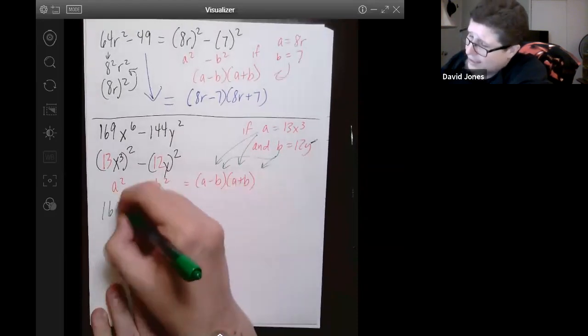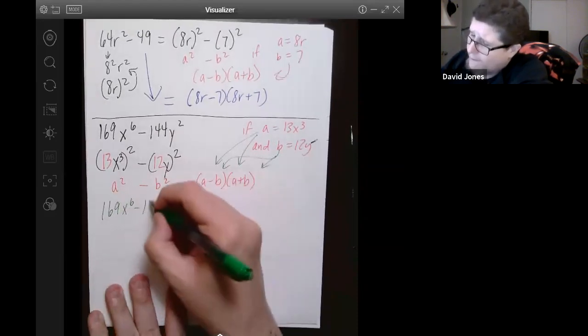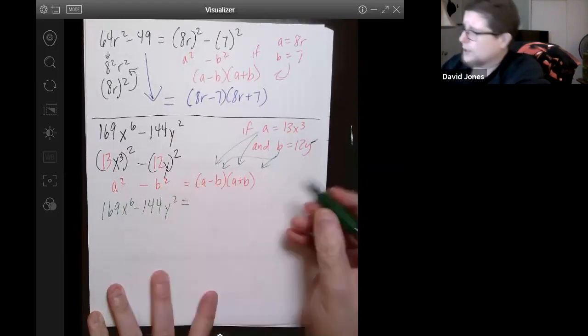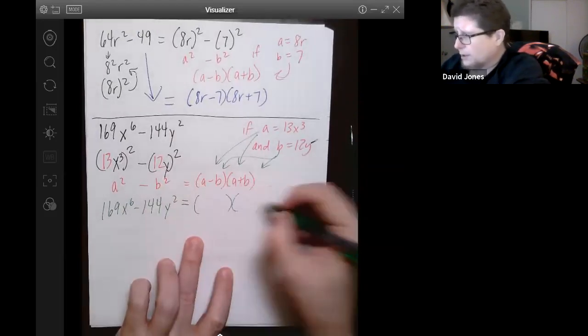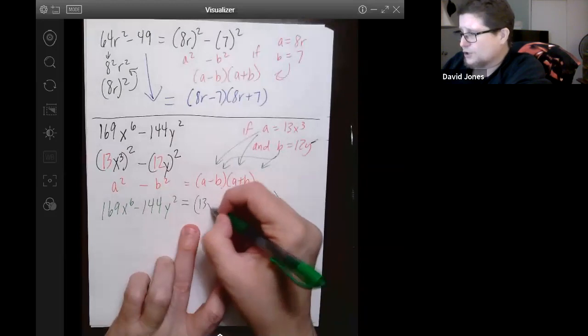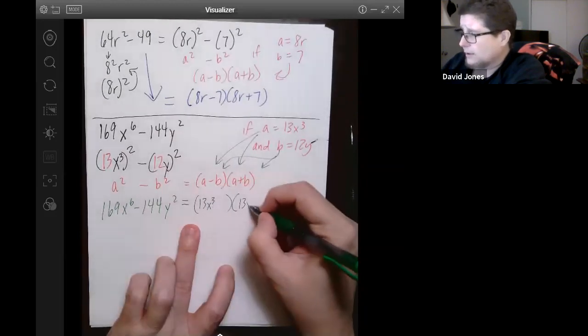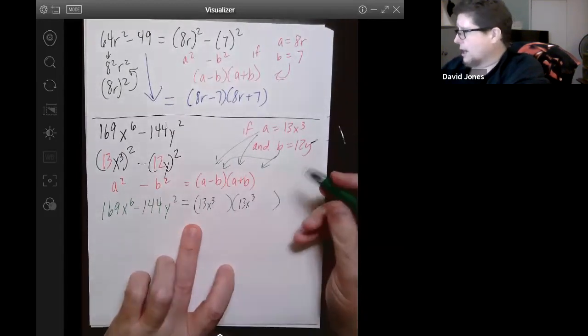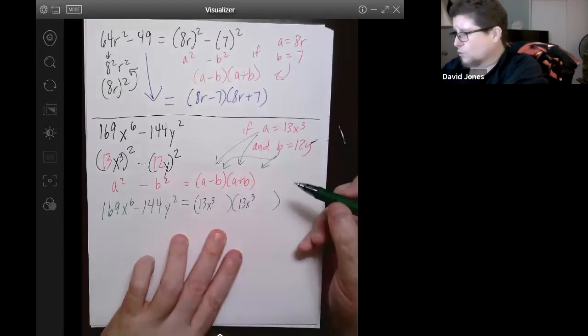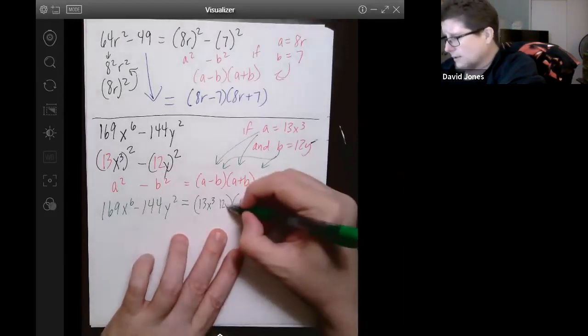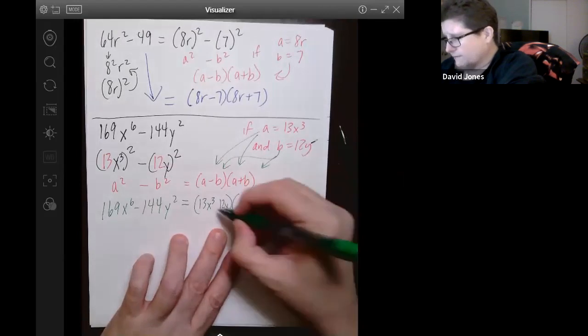So 169x to the 6th power minus 144y squared. I plug in a equals 13x cubed into both. And in both, I plug in 12y. And I use different signs between them.